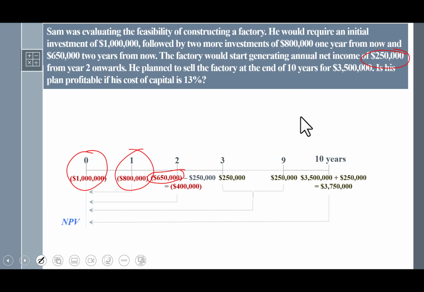So in fact, in the second year, this is the loss or the investment, 400,000. Then he's going to be getting 250,000 every year, starting from the second year, but he has no investment anymore. At the end of 10 years, he's going to sell the factory for 3.5 million, plus he's still making the 250,000, which is every year, starting the second year.